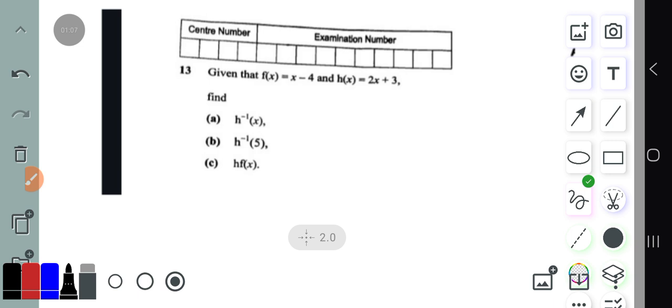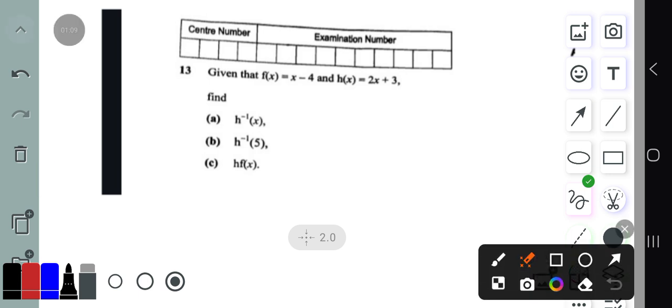All right. So we are going to look at this question. This question is actually from composite functions. On functions, these are similar questions that you are going to find.